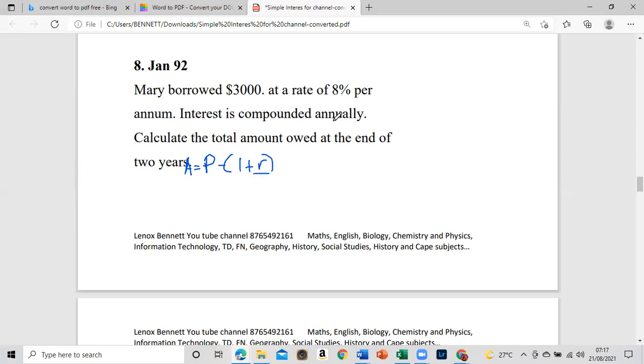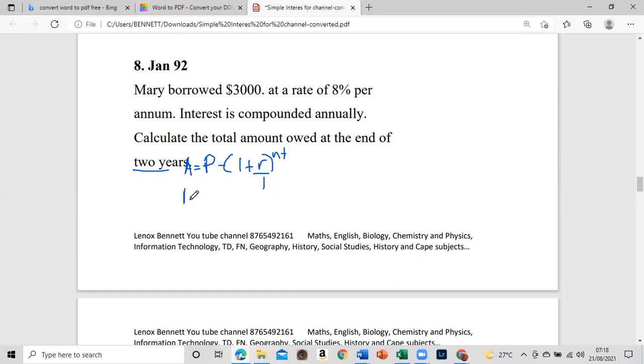Well, this is compounded annually, so 1 year, right? And then n times t, so n and t represent the number of times it compounds times the years. In this one, the time is going to be 2 years. So I can put in all that information now.